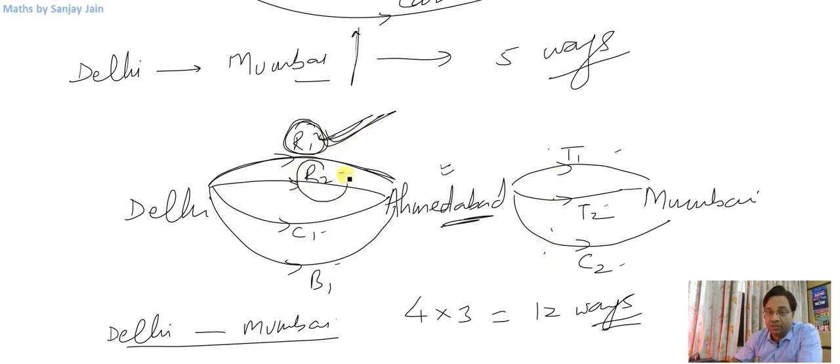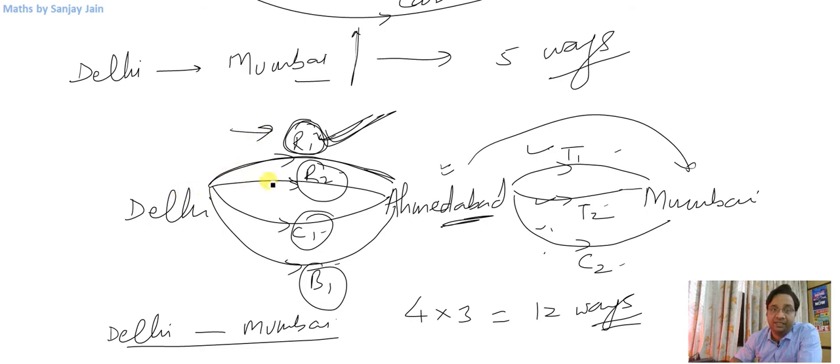So corresponding to this also you will have 3 options, corresponding to this also you will have 3 options of traveling from Ahmedabad to Mumbai. So if you see, corresponding to each way you traveled from Delhi to Ahmedabad, you have got 3 ways of traveling from Ahmedabad to Mumbai. So total there are 12 ways of traveling from Delhi to Mumbai now.